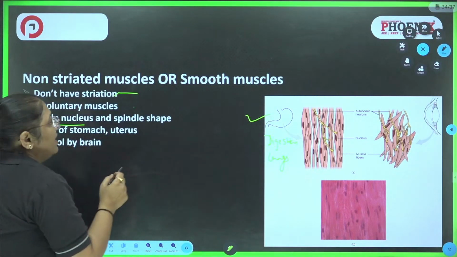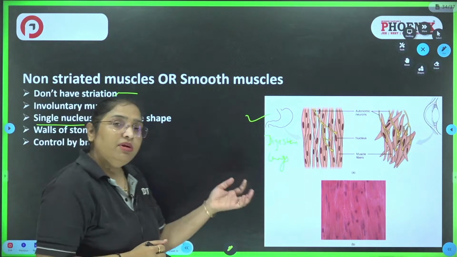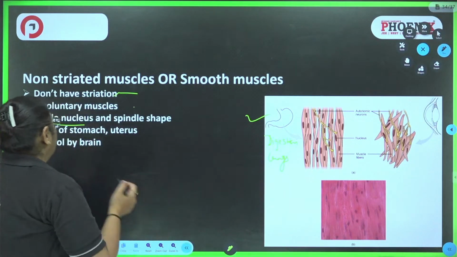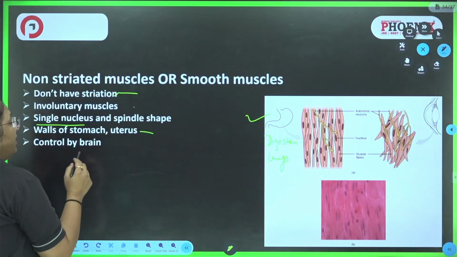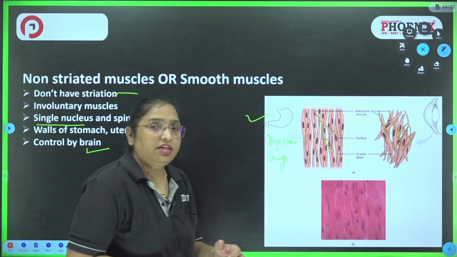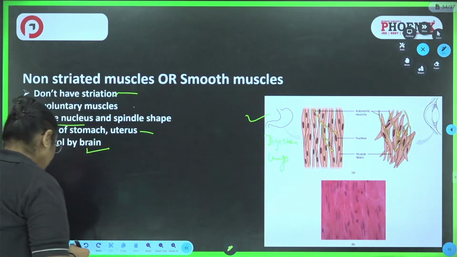Single nucleus है and the cells are spindle shaped. वहाँ पे हमने देखा था multiple nucleus है और वहाँ पे cylindrical cells थे. Walls of stomach, uterus, and it is controlled by the brain. It cannot be controlled by us directly, it is controlled by the brain.